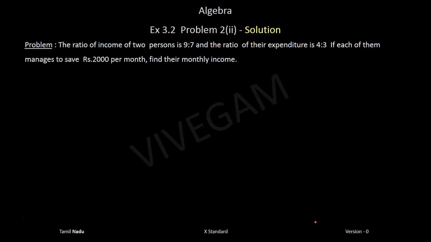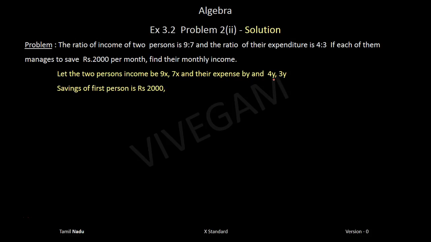Okay, the solution. We are assuming the incomes of the two persons are 9x and 7x, and their expenses 4y and 3y. What is the equation for savings? Income minus expense equal to savings.